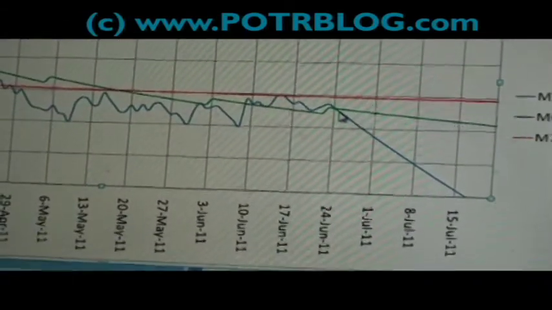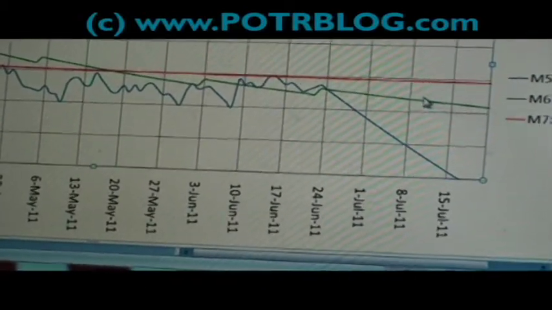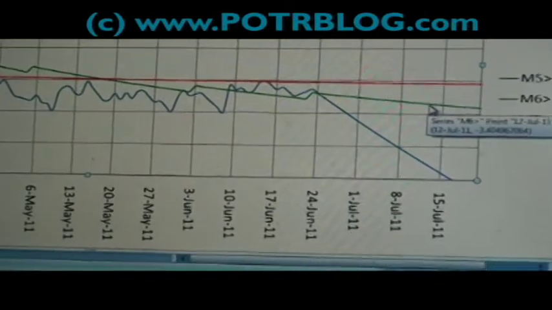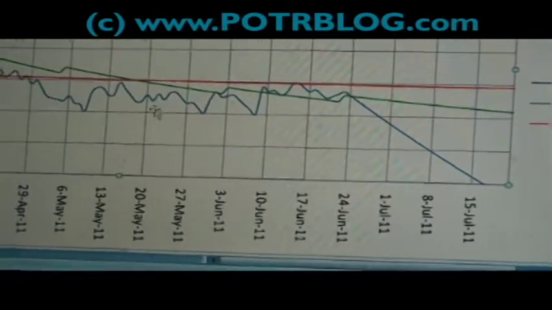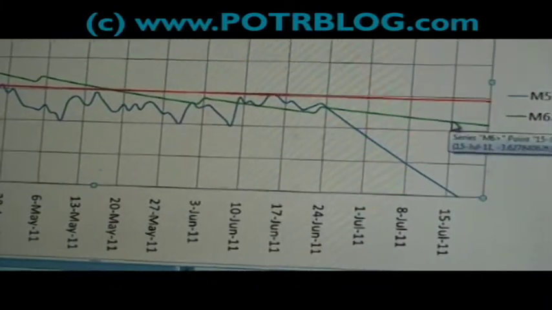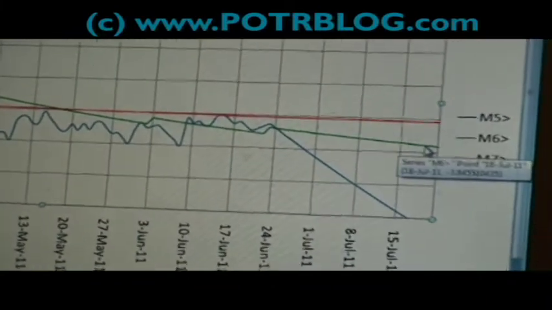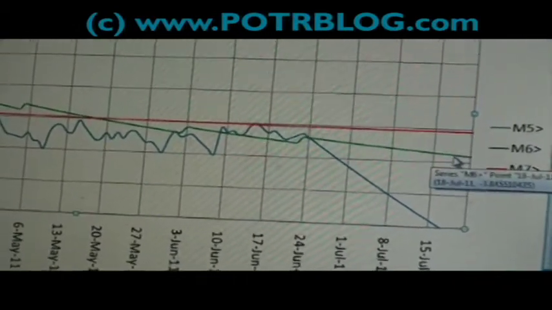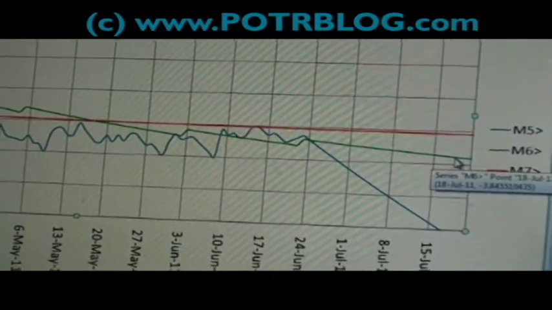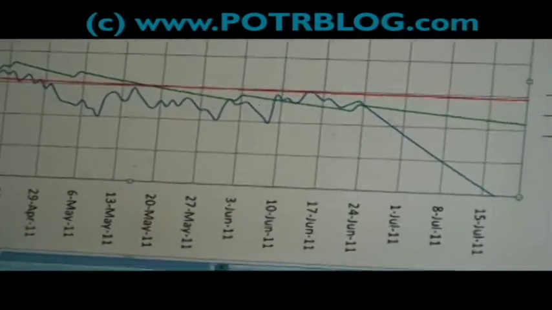And if we look here, we're about to cross again, and we run out into the same deficit of minus... let's see what the deficit was over here. Minus 3.8 earthquakes. So right around June 18th, we'll again have a deficit of 3.8 M6 earthquakes.